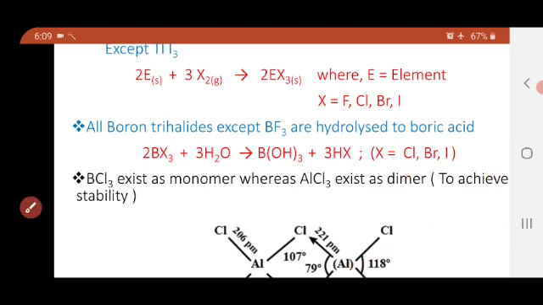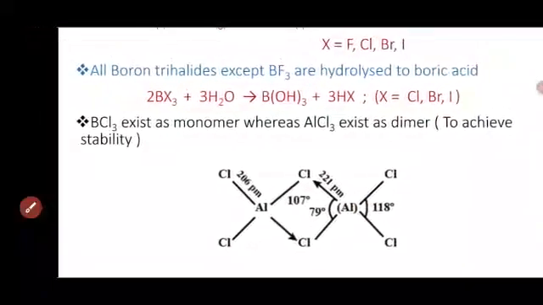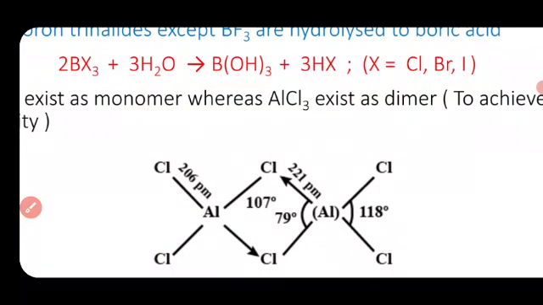But aluminium chloride does not form a monomer, it exists as a dimer. Now why is it so? To achieve stability. So how does it exist? Just see, one Al is bonded to 3 Cl atoms. Again this Al is bonded to 3 Cl atoms. To achieve stability, why stability?